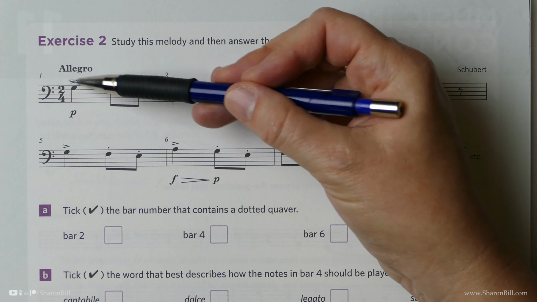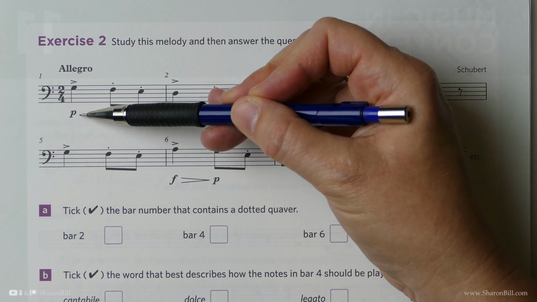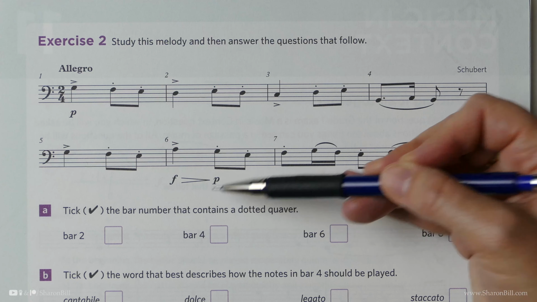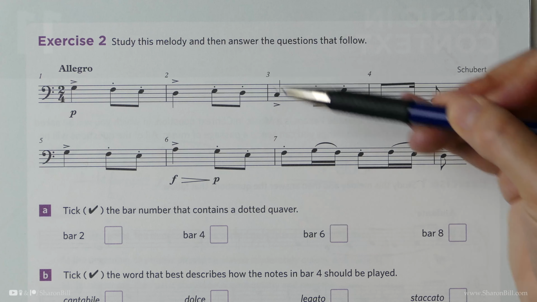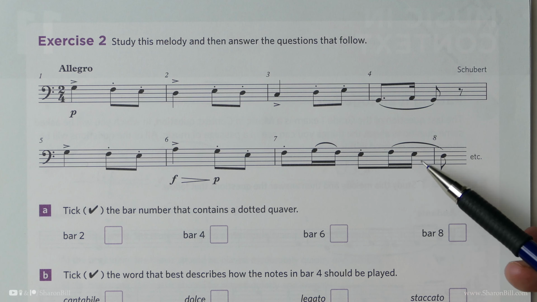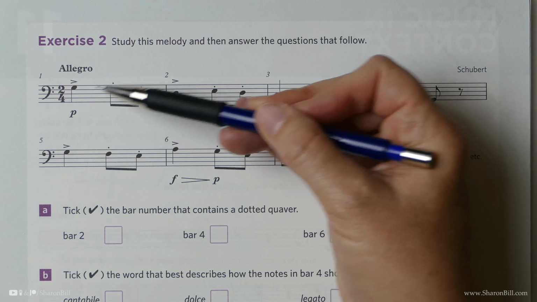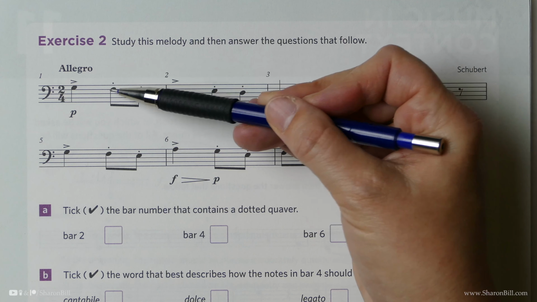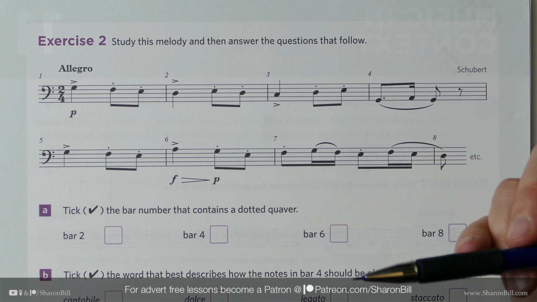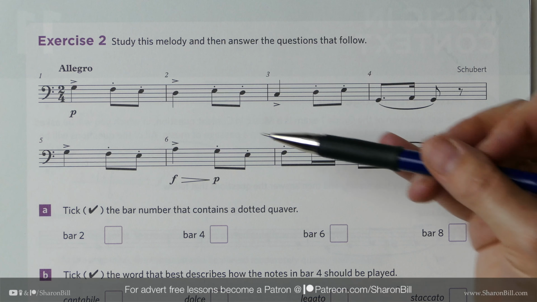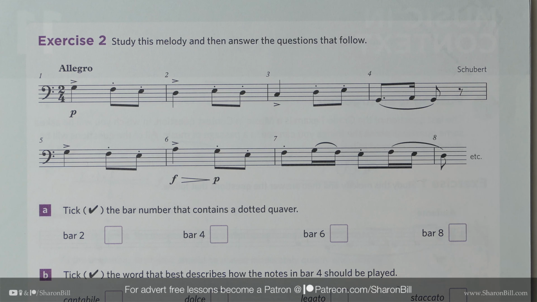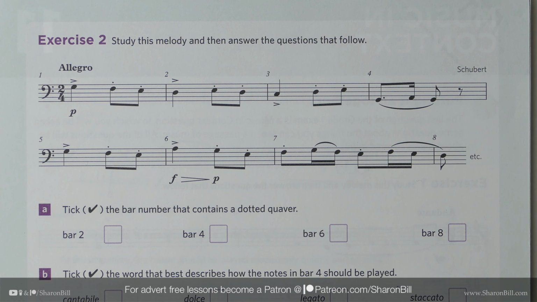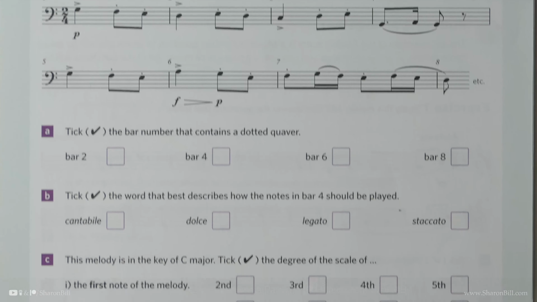We have some tempo directions, some dynamic markings, and some articulation markings too. And the composer has been very precise in exactly how he wants each note to be articulated. So now we've had a little look at this, I think we're prepared to start answering the questions.